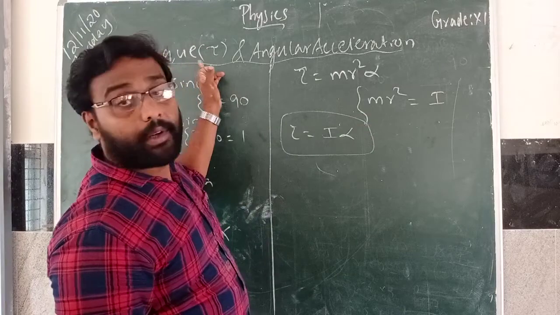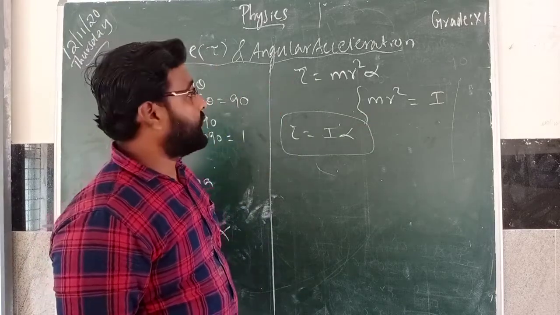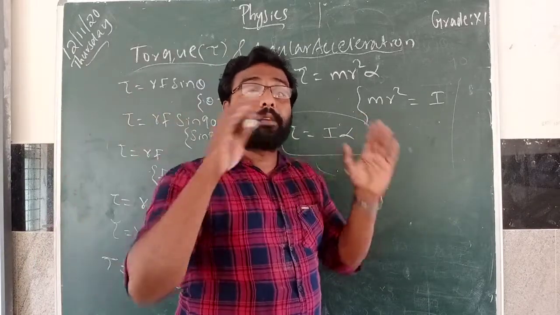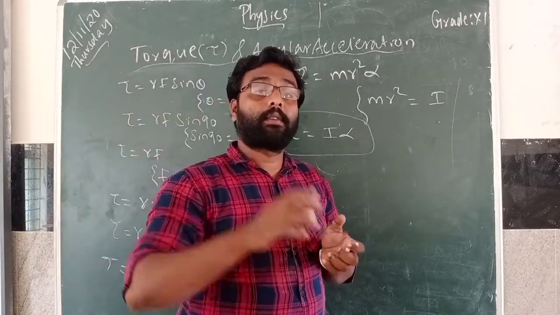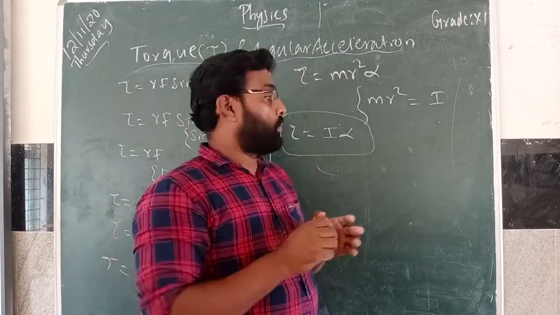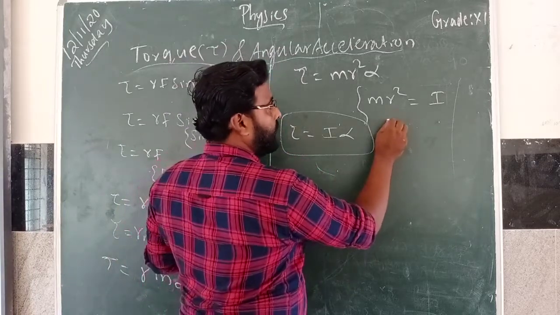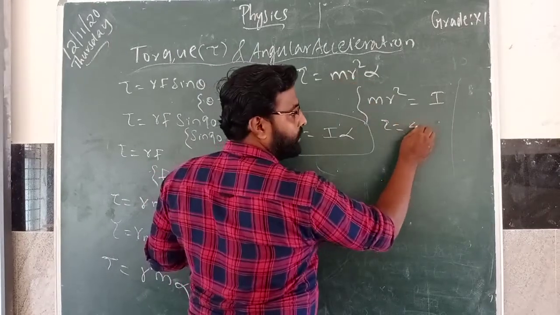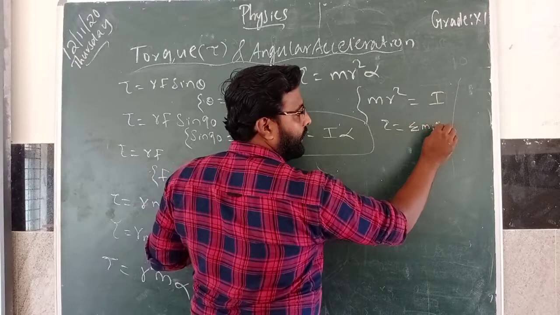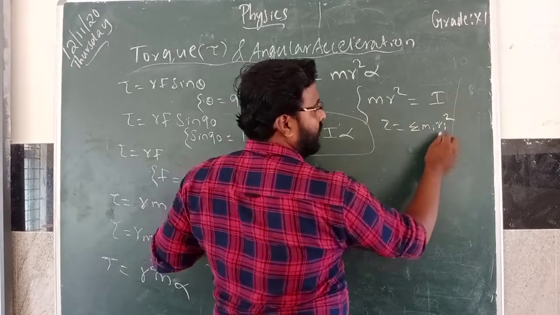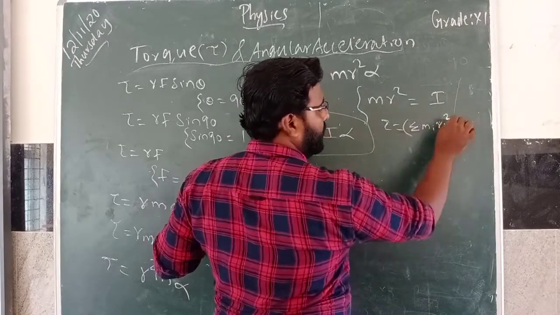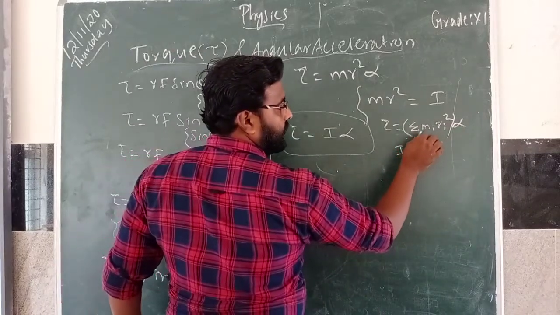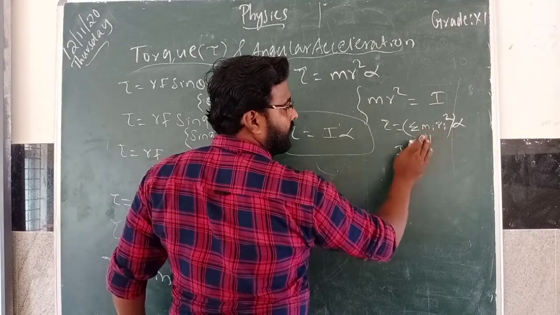This is the relation between torque and angular acceleration. Here we are using a bulk body, a rigid body. A rigid body has many point masses, so instead of m r square you can use sigma m i r i square into alpha.